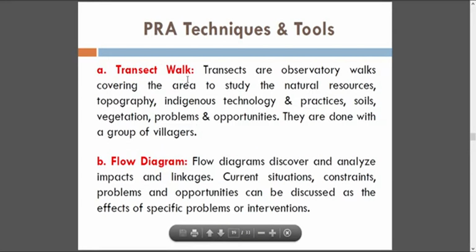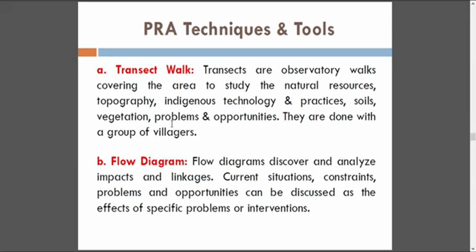So the first example we have is a transact walk. Transacts are walks covering the area of study. So normally we want to see the natural resources, we want to see the topography, we want to see technologies, we want to see practices, and we also want to see opportunities and problems.